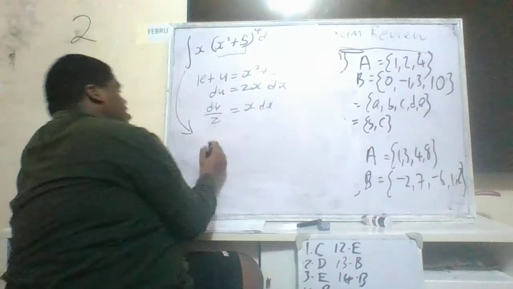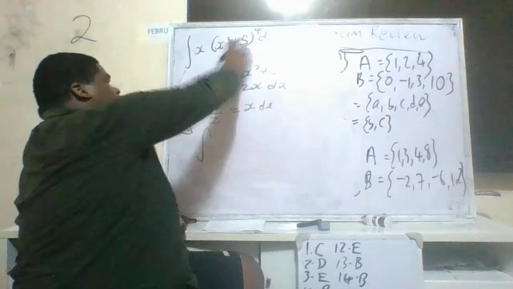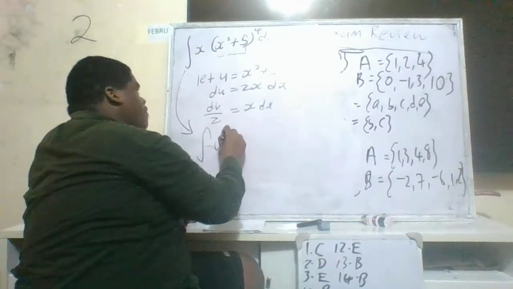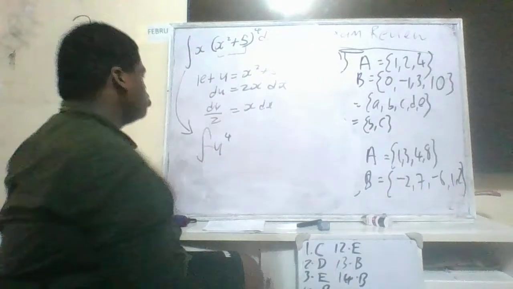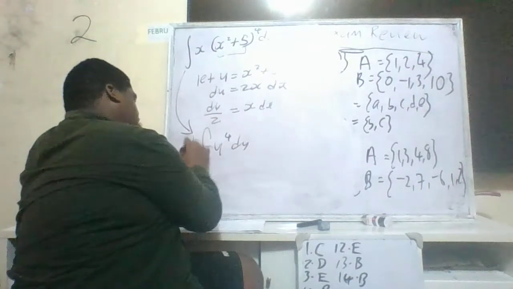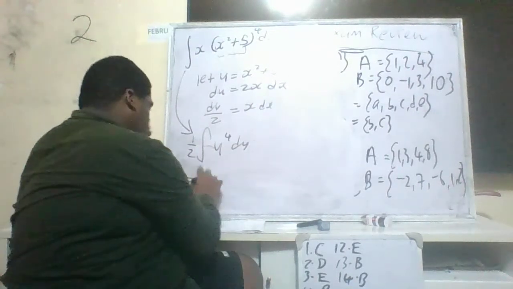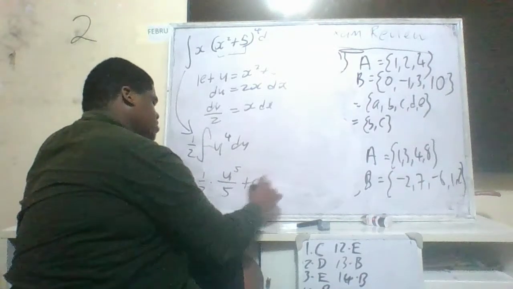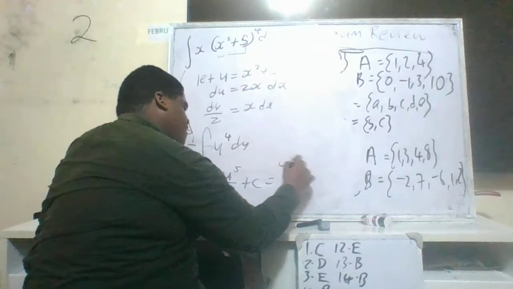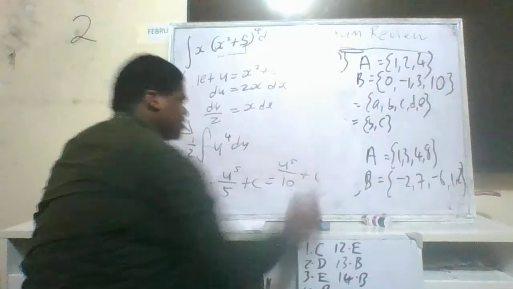Apply this u substitution here. The integral of x squared plus 5 to the power of 4 becomes u to the power of 4, then x dx is equal to du divided by 2. So this will be equal to 1 over 2 times u to the power of 5 divided by 5 plus c, which is u to the power of 5 divided by 10 plus c.